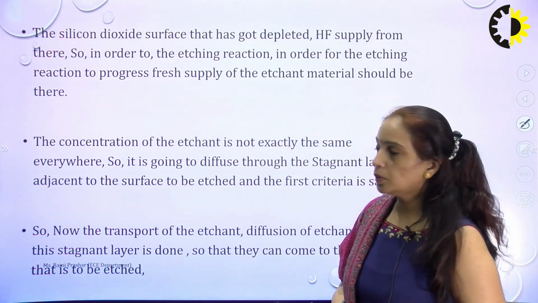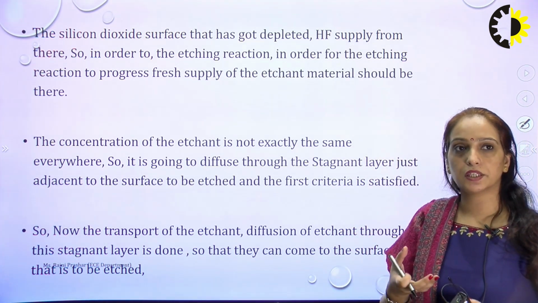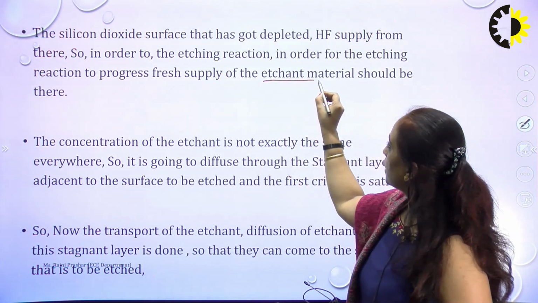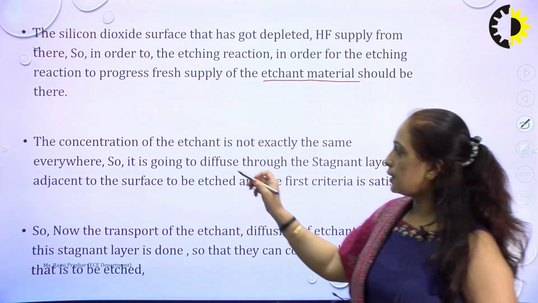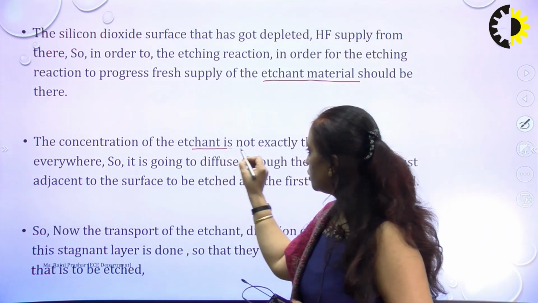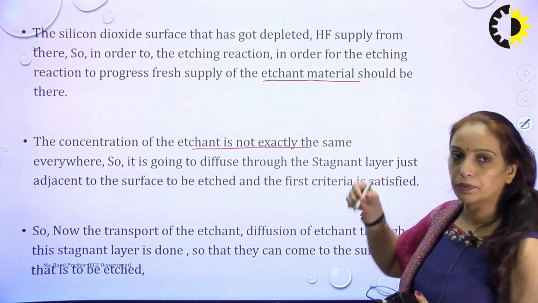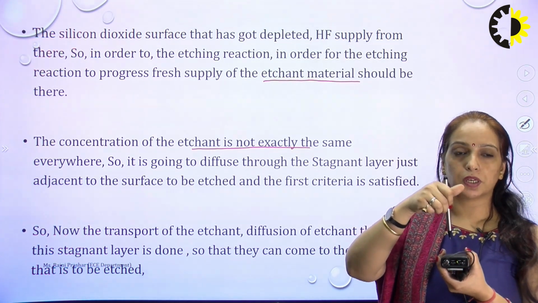So in order to have the continuous reaction, so that we can have the continuous etching process, the continuous supply of etchant material should be there. Okay. Now the concentration of this etchant solution is not exactly the same everywhere, right? I have already told that we have a beaker, in that we have the etchant solution, and in that we have put the substrate, right?